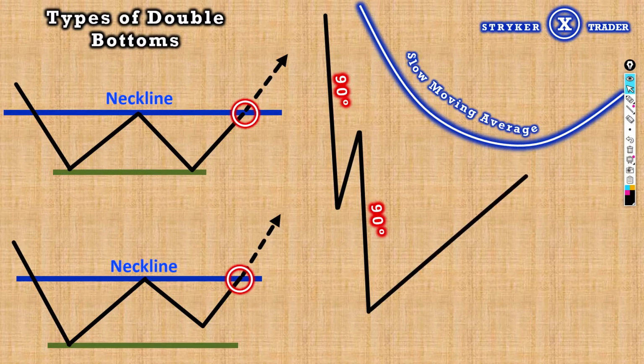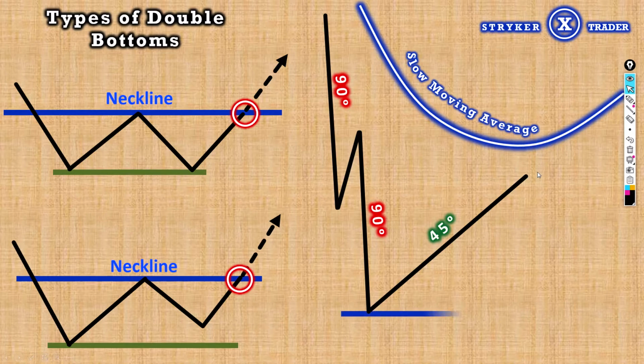And as price recovers to a 45-degree angle, this is also where a lot of traders would go long, thinking that the price will recover. And this is where they'll put their stop losses.